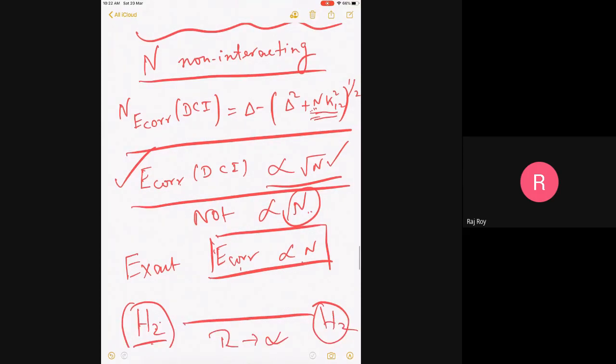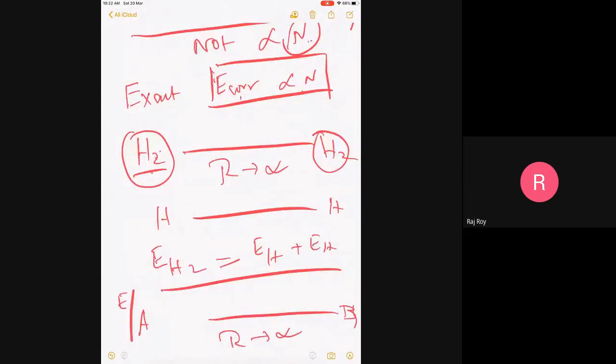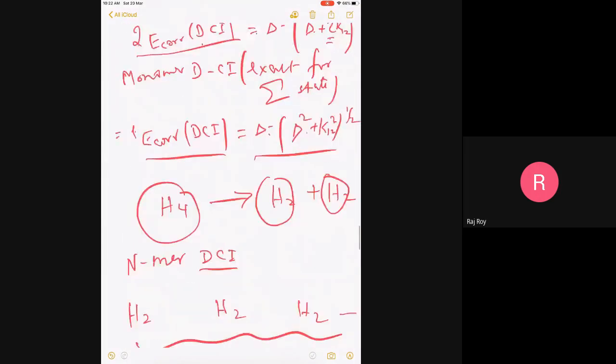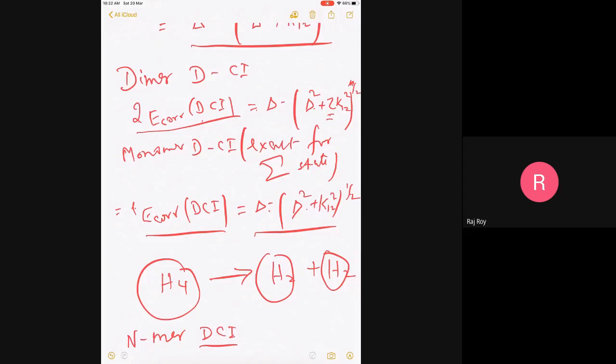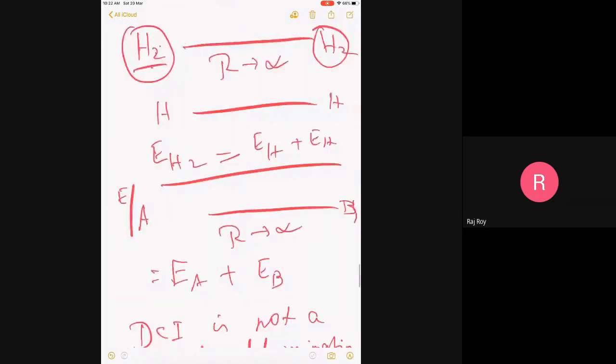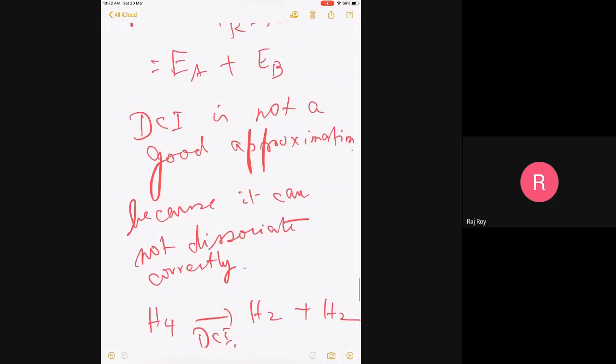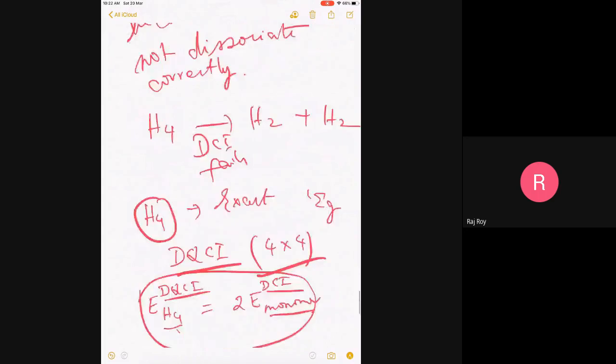If n is small, you cannot make such a statement. So it also means that because the monomer energy and the dimer energy are related in a manner which is square root 2 rather than 2 times this, the DCI is not a good approximation because it cannot dissociate correctly.